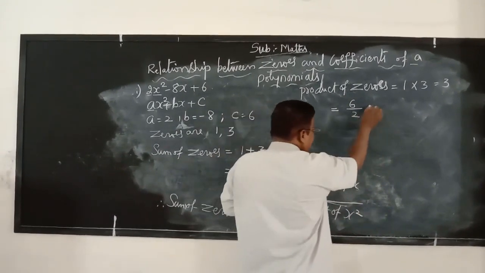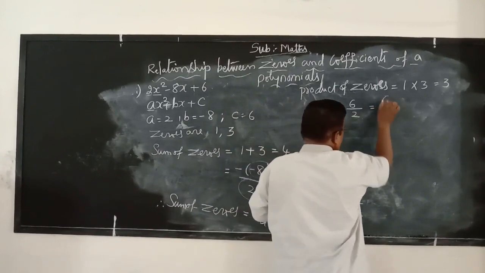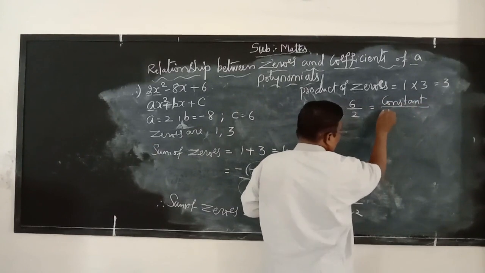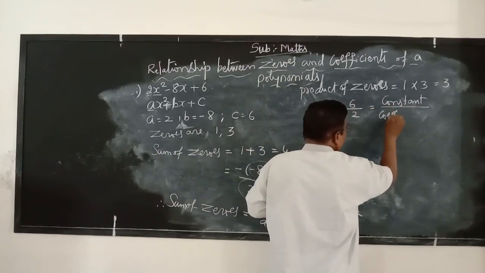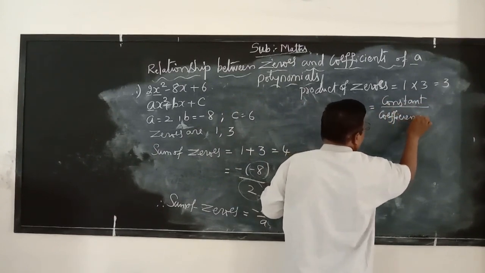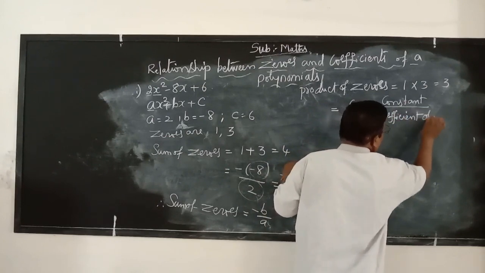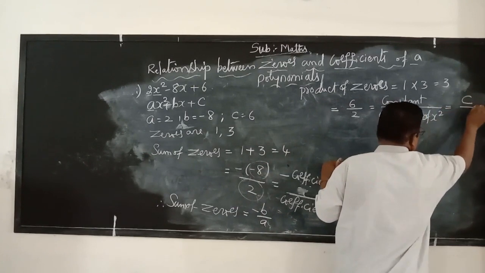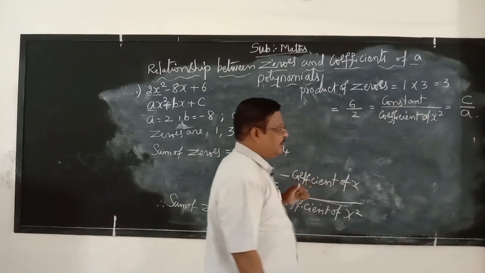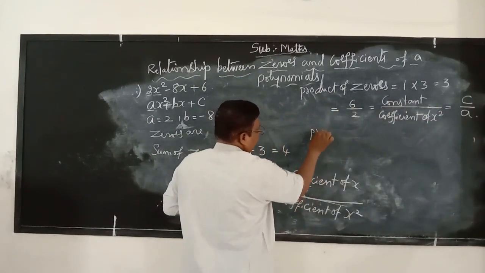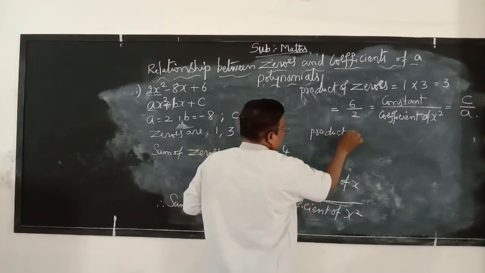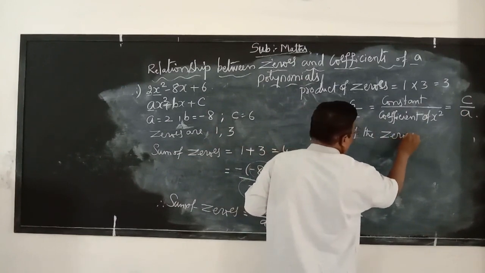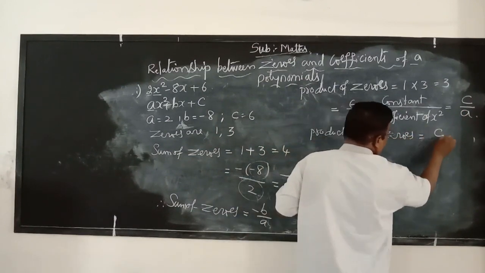Here 6 is the constant by coefficient of x square. Here constant by a, c by a. It is nothing but product of the zeros is equal to c by a.